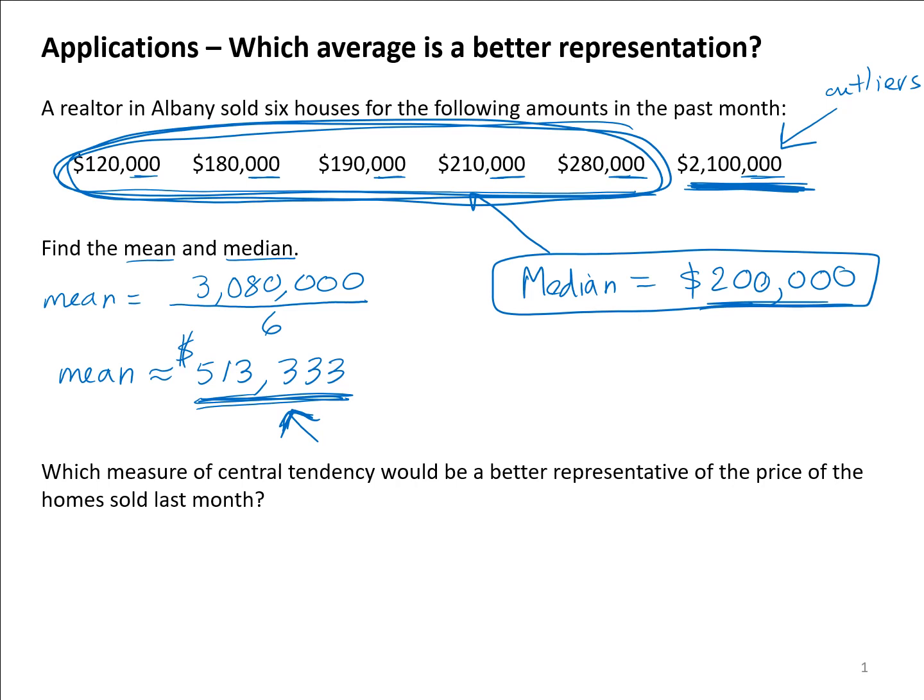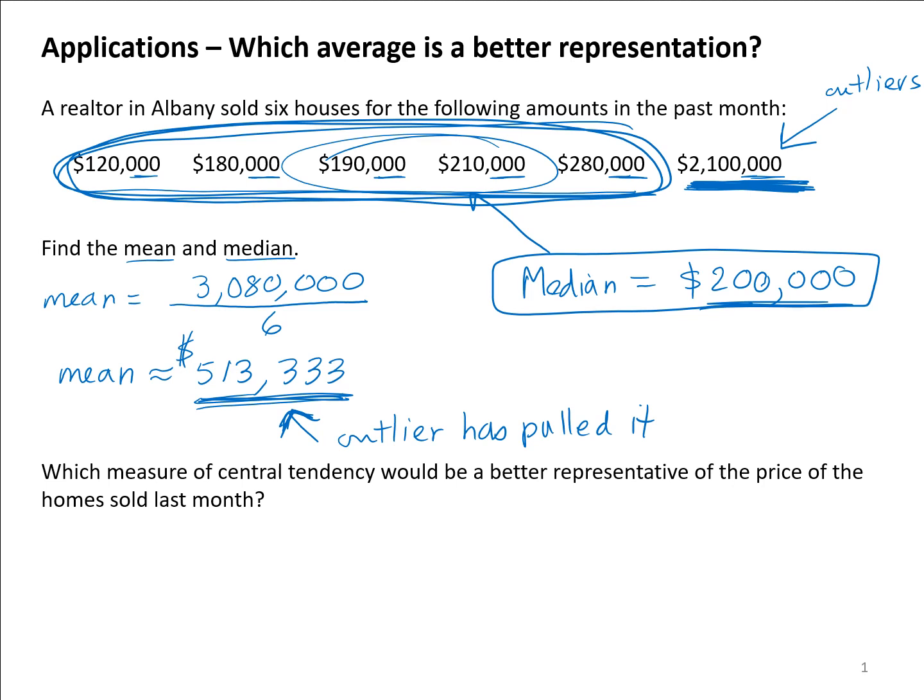What has happened with the mean is that the outlier has pulled it up toward that high value. It does this because the mean is calculated by looking at all of the data values altogether. And because this home price of 2 million is actually worth 10 of something that is more typical, it's worth 10 $200,000 homes, it is going to have more weight and influence the mean more than everything else combined.